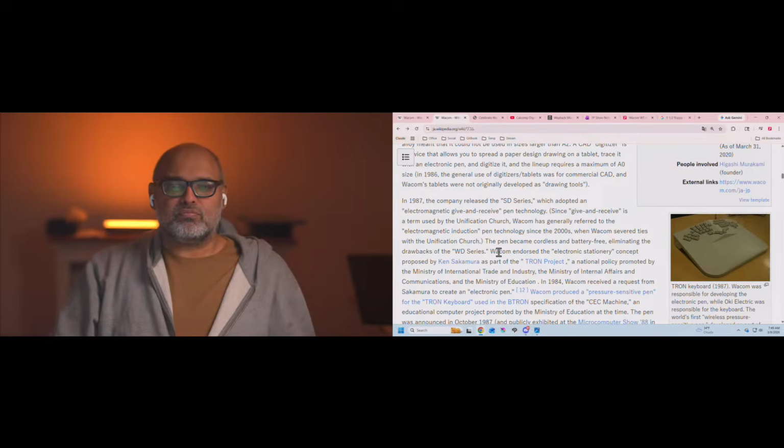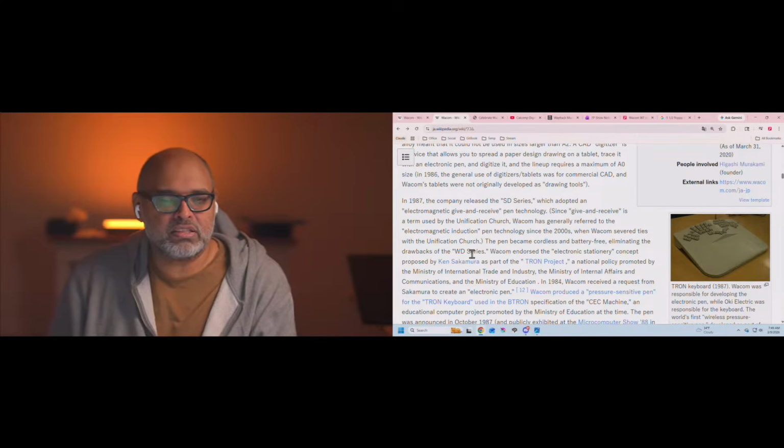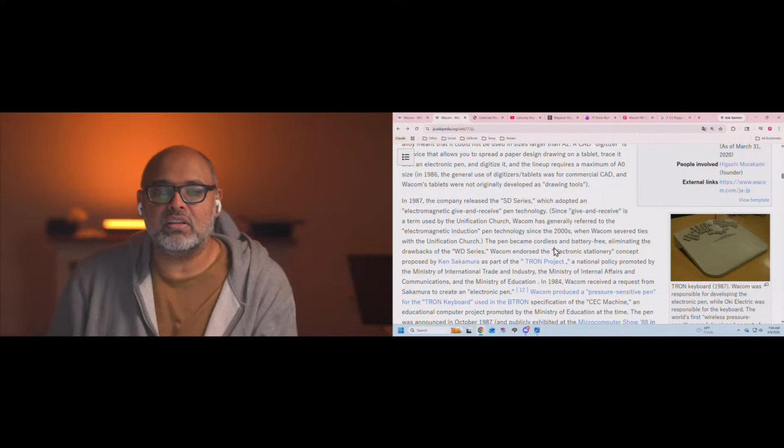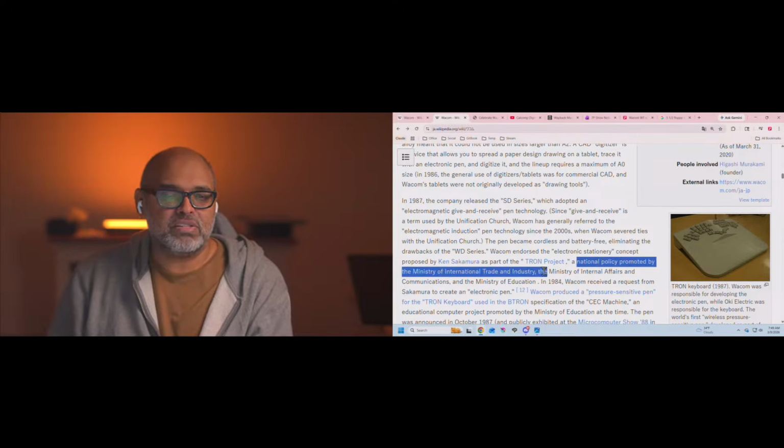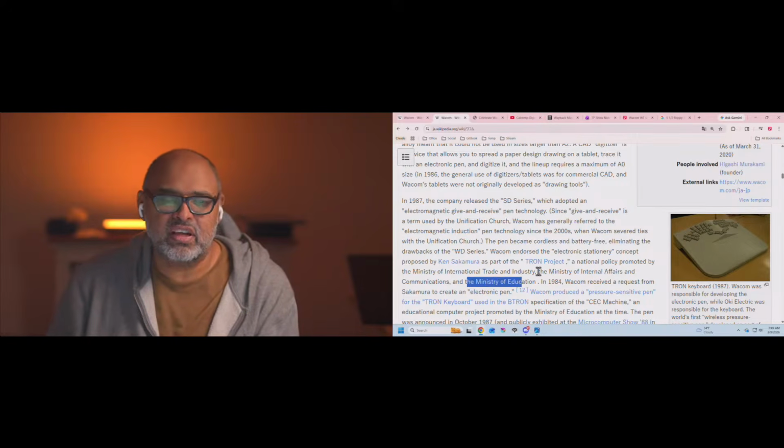The pen became cordless and battery-free, eliminating the drawbacks of the WT series. Wacom endorsed the electronic stationery concept proposed by Ken Sakamura as part of the Tron project, a national policy promoted by the Ministry of Industrial Trade and Industry, Ministry of Internal Affairs and Communications, and Ministry of Education.